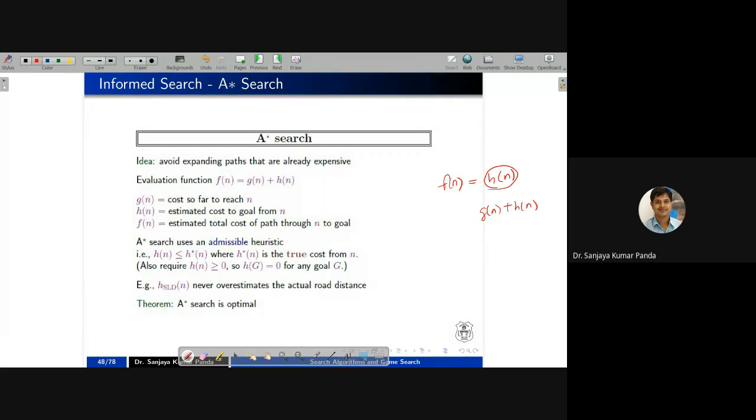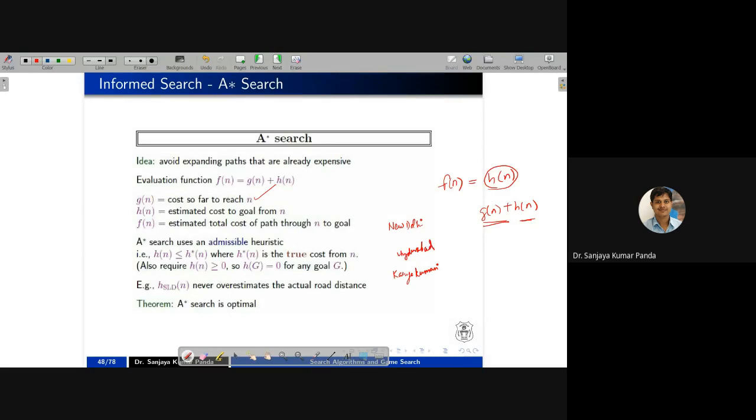What is that? g of n says it is the cost so far to reach the node n, and h of n says what is the cost to reach from that node to the goal. Like if you take an example, New Delhi to Kanyakumari, and let's say the intermediate city is Hyderabad.